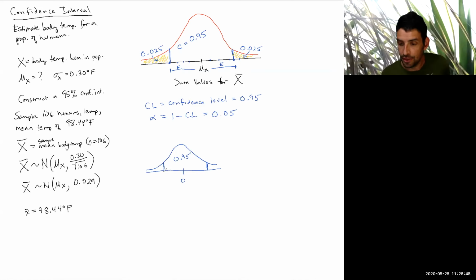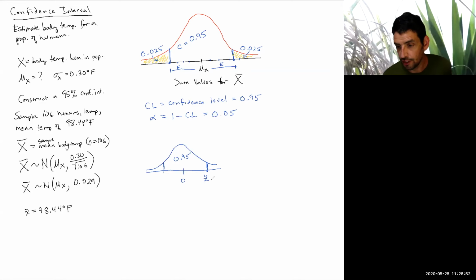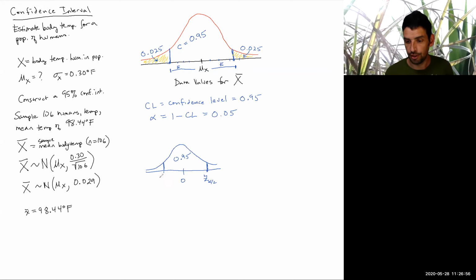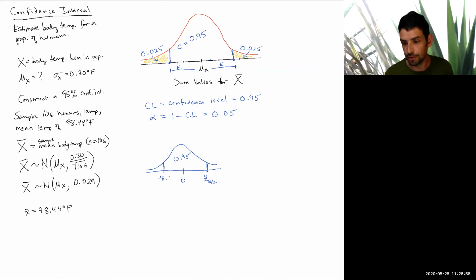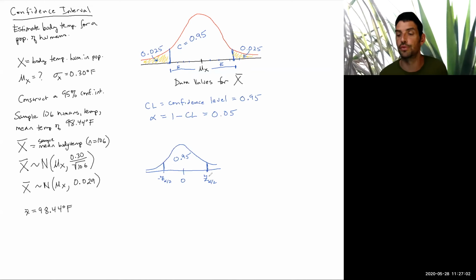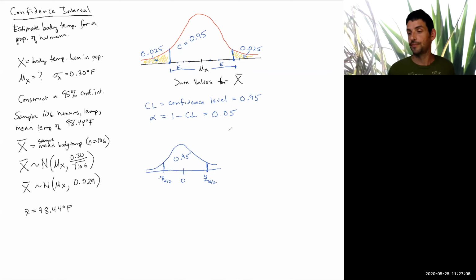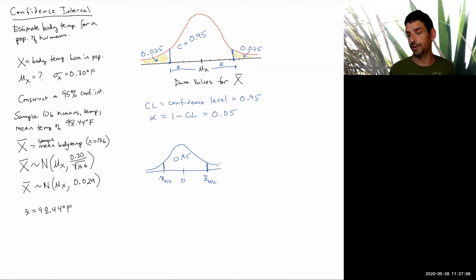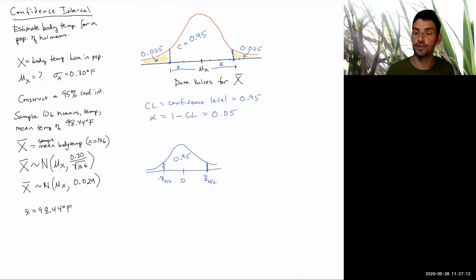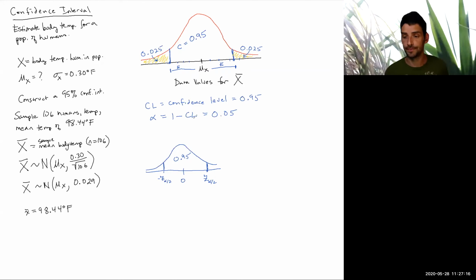Sometimes these z-scores are called z with a subscript alpha over 2, and negative z with a subscript alpha over 2. Different authors note these different ways. It's just a way of saying this is the z-score with alpha over 2 area above it, that 0.025. This is the one with alpha over 2 area below it, that 0.025.